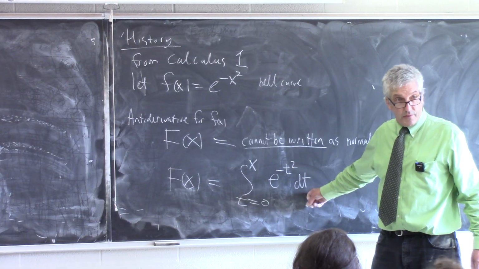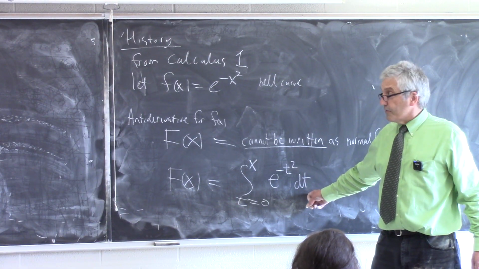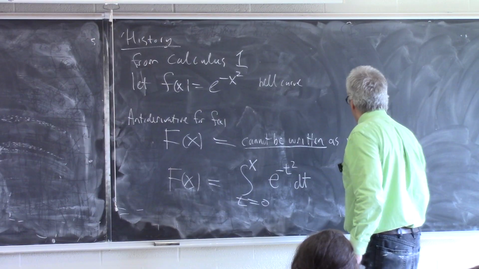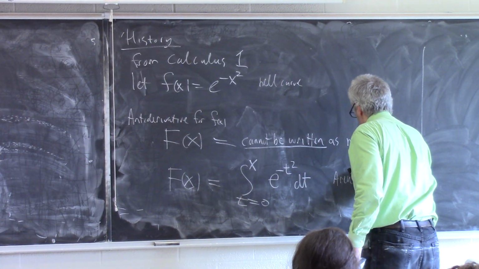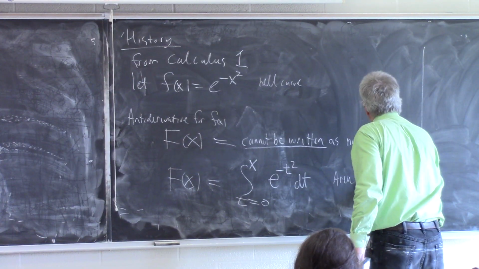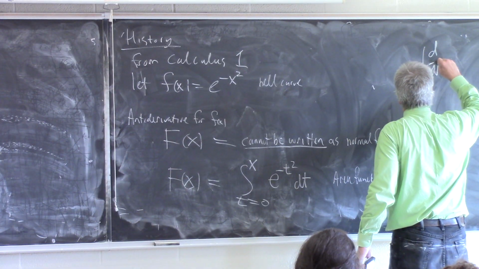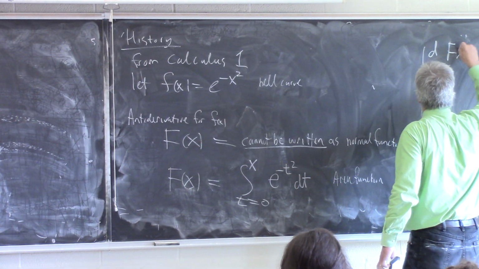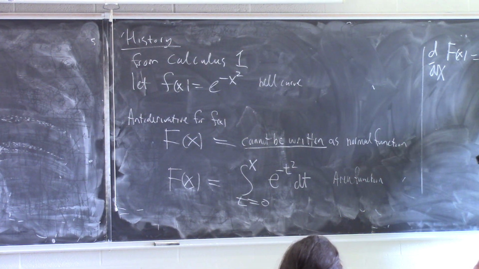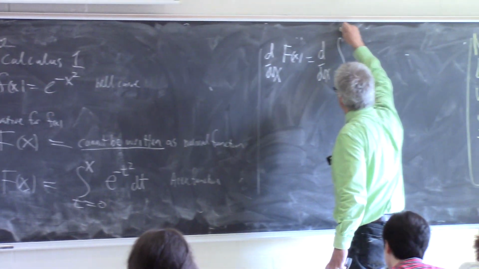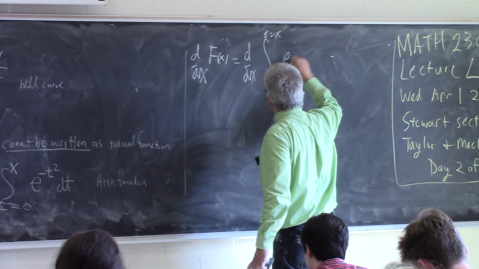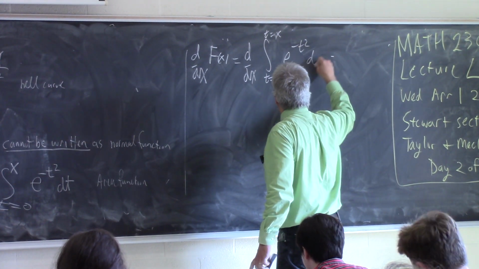Remember that if you take the derivative of this using the fundamental theorem of calculus, so the derivative of capital F, that would be the derivative of this crazy integral from t equals 0 to t equals x of e to the minus t squared dt.